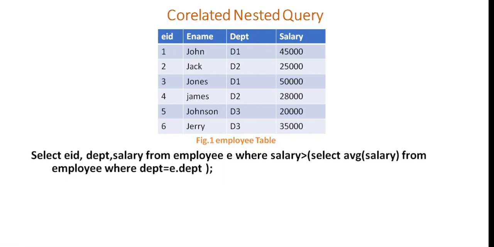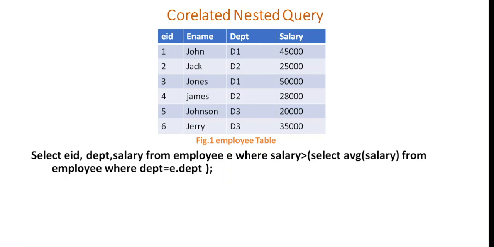Where salary is greater than, select average salary from employee where department equals E dot department. Now it is called a self join. In the case of a self join, we have already studied that when we compare data from a single table, we can use attributes from that table for the comparison.